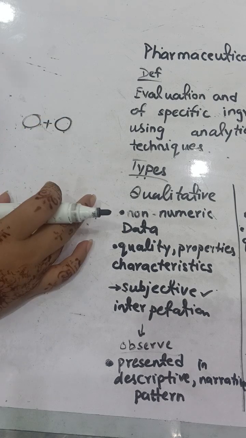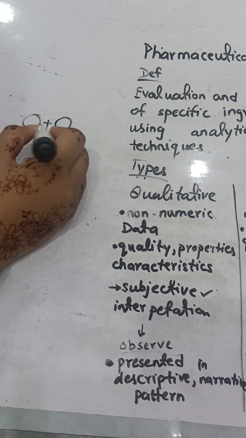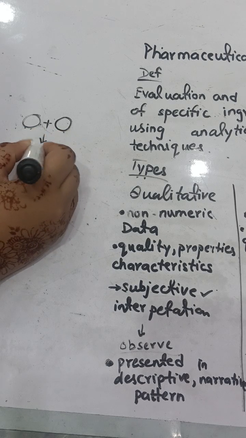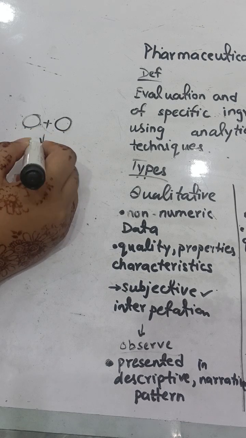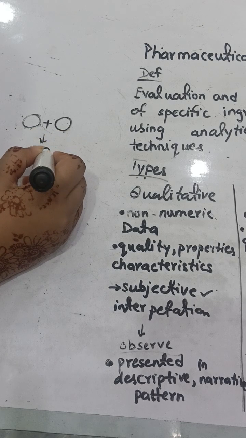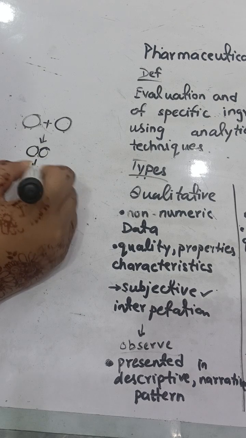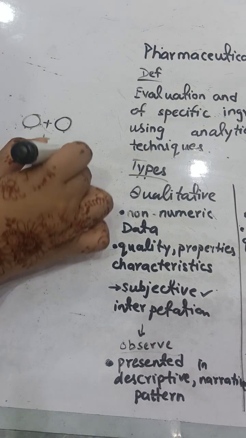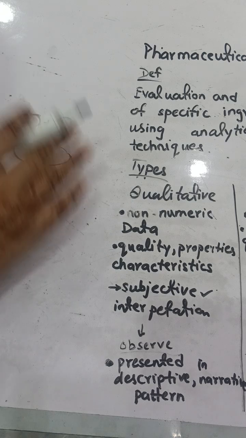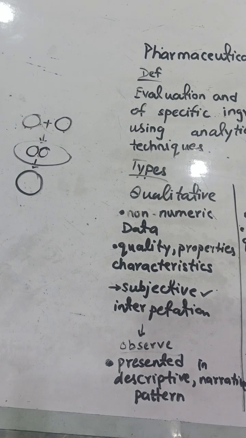If you see the whole detail of this reaction, first an intermediate is produced, in which these two compounds meet each other, and then the product forms. This is called an intermediate. To discover this intermediate we use pharmaceutical analysis.